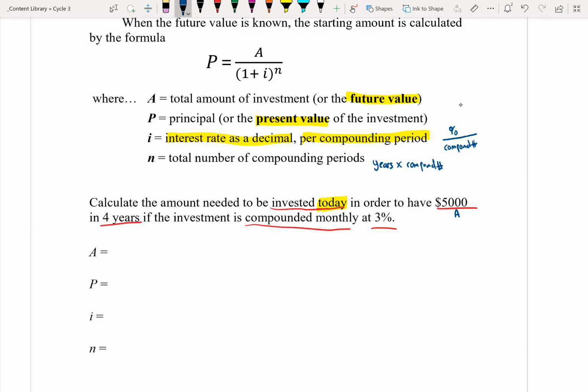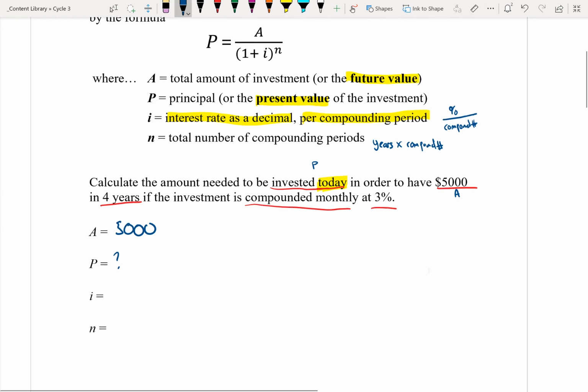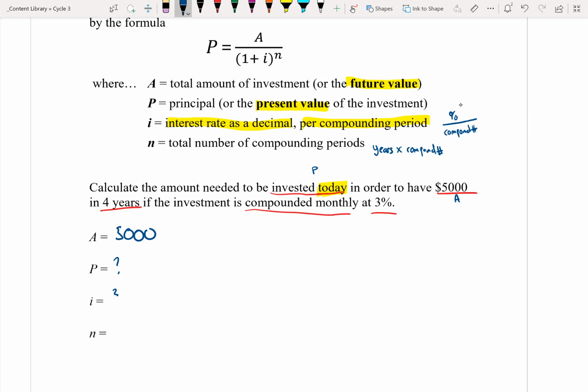Our A value, we know the future amount is 5,000. That's how much we want to have. Our P, or our present value, we don't know. That's what we're trying to figure out. Our I is 3% divided by monthly, so divided by 12.